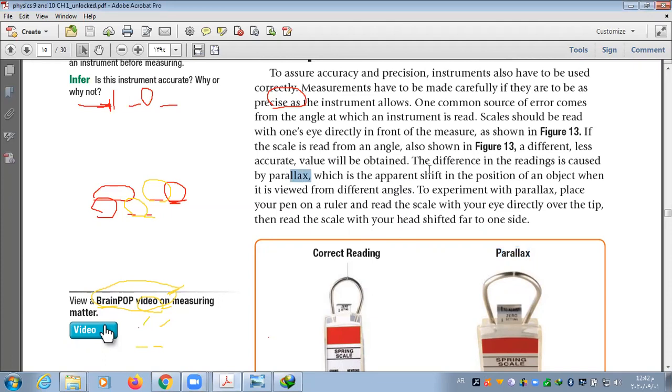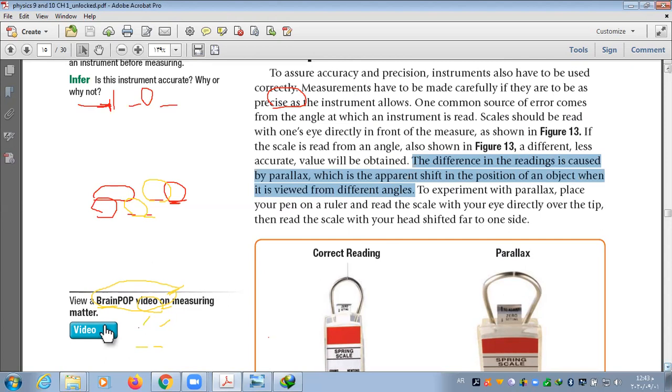Here, you said we have a difference in reading. The difference in the reading is caused by parallax, which is the apparent shift in the position of an object when it is viewed from different angles.